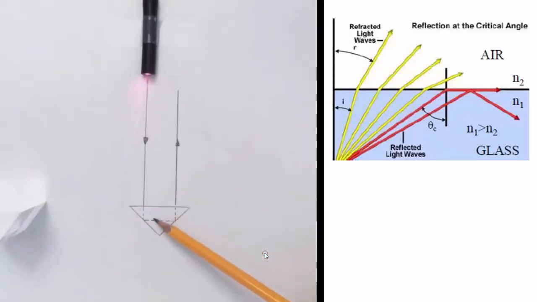In other words, the first medium has to be optically more dense than the second medium. The total internal reflection is taking place right here at this point. So at this point here, the light is passing through the glass that's optically more dense, and on the other side, the second medium is the air that's optically less dense.